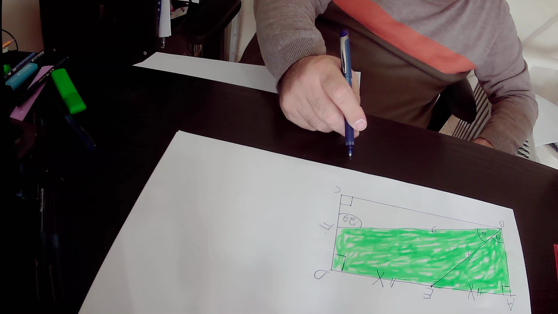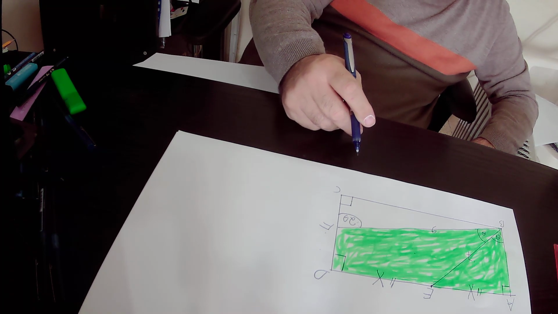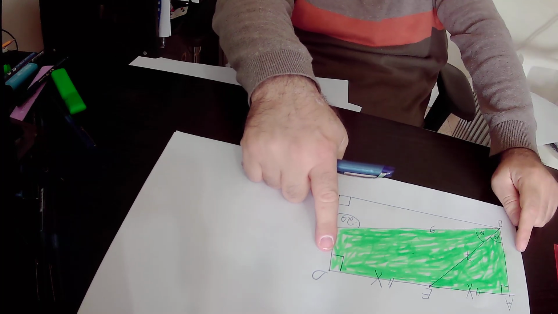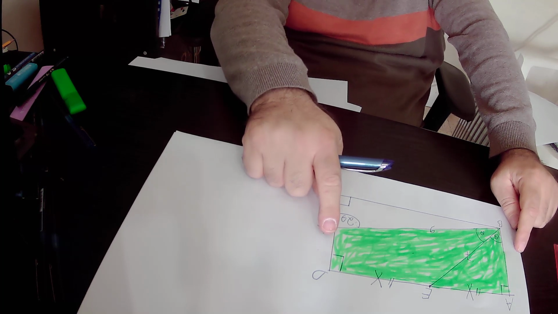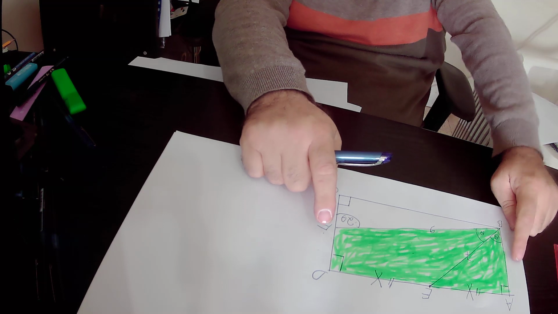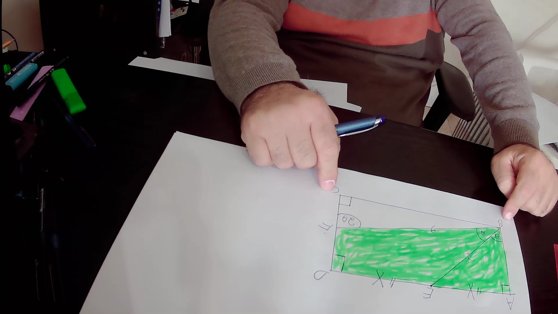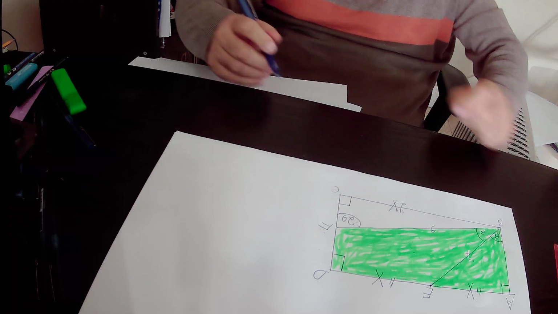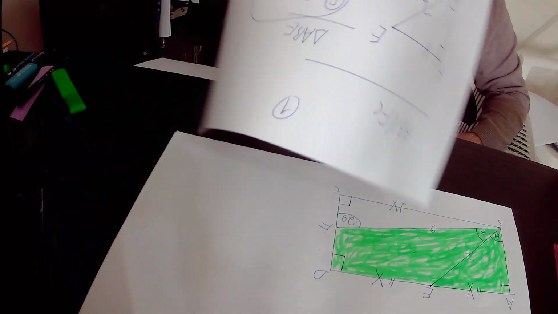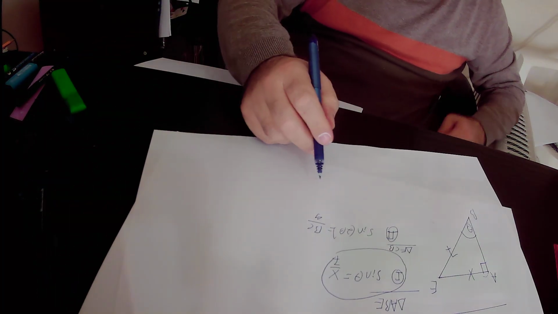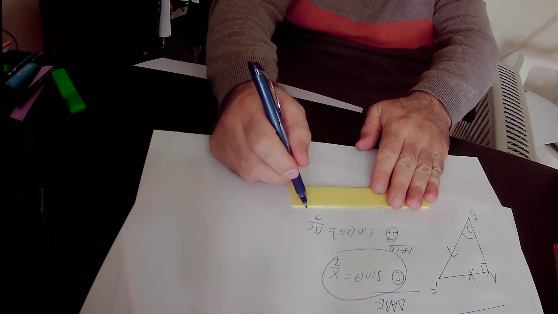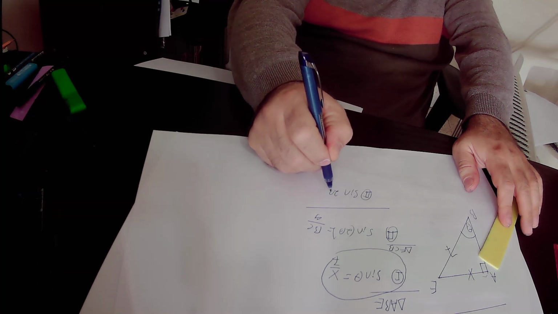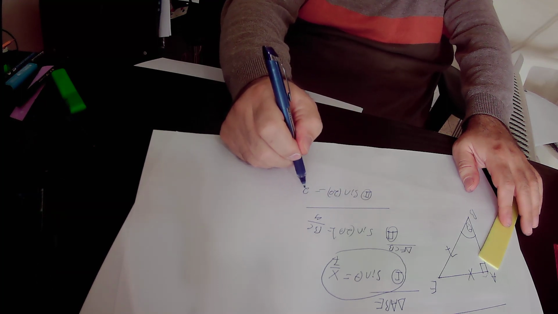But we know that the opposite sides of a rectangle are equal to each other, and we have already found that AD equals X plus X, that is AD equals 2X, and the opposite side AD equals BC. So if AD equals 2X, then BC will also be equal to 2X. So sine 2 theta equals BC over 9, but BC equals 2X. Therefore, sine 2 theta equals 2X over 9.